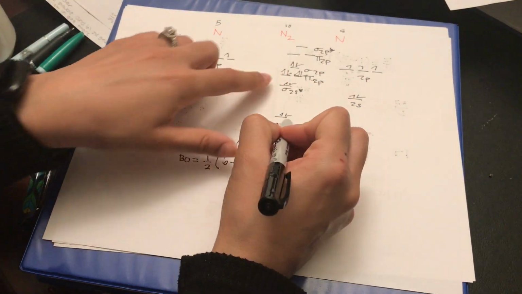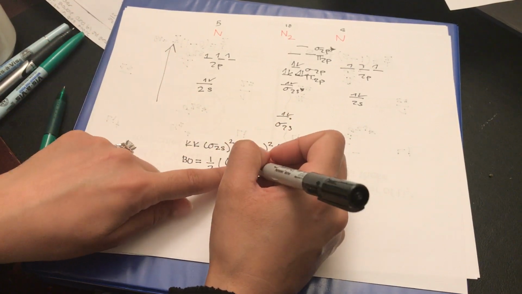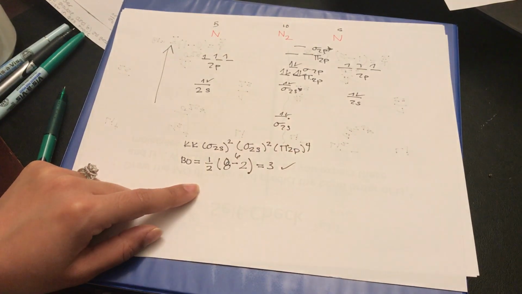So I actually have 2, 4, 6, 8 bonding electrons minus 2 non-bonding. 8 minus 2 is 6, divided by 2 is 3. So this is also very stable.